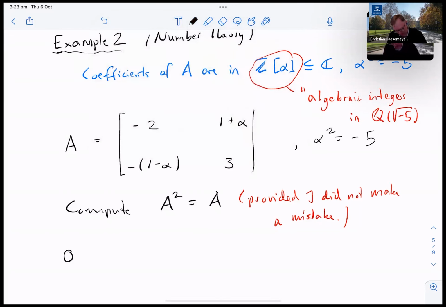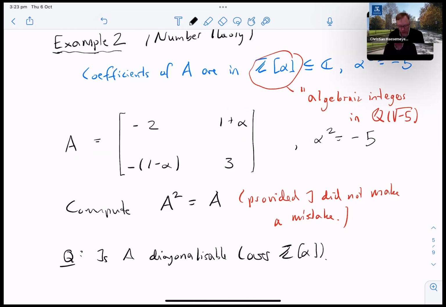Now, in this case, we again ask the question, is A diagonalizable? And now I have to be very careful what I mean. I mean over Z[alpha]. I can of course view the entries of the matrix as numbers in this field Q(square root of -5), or even as complex numbers if I wish.